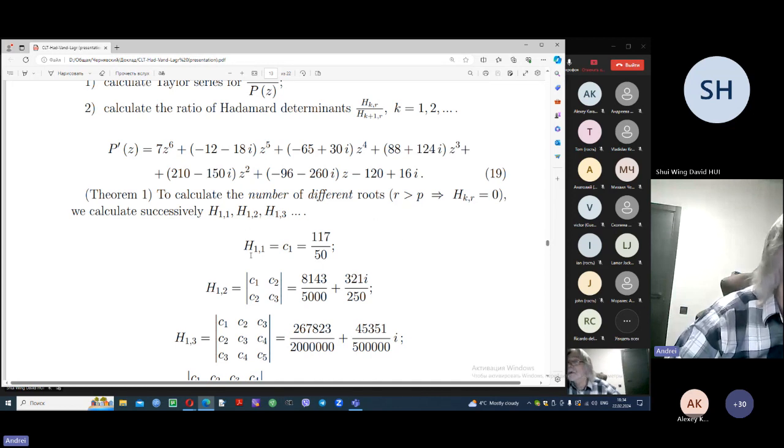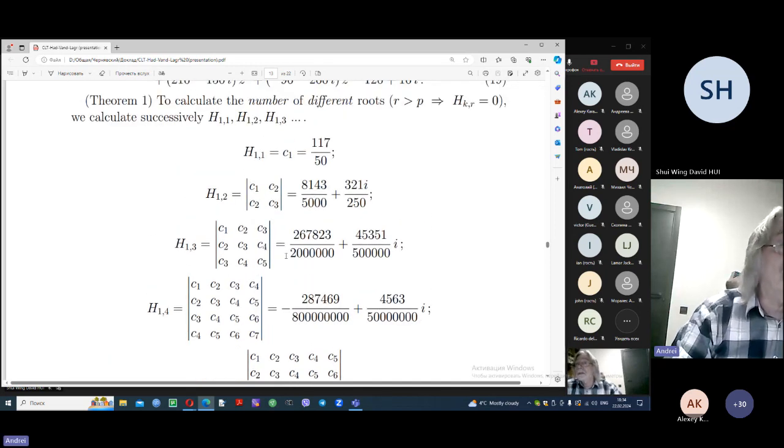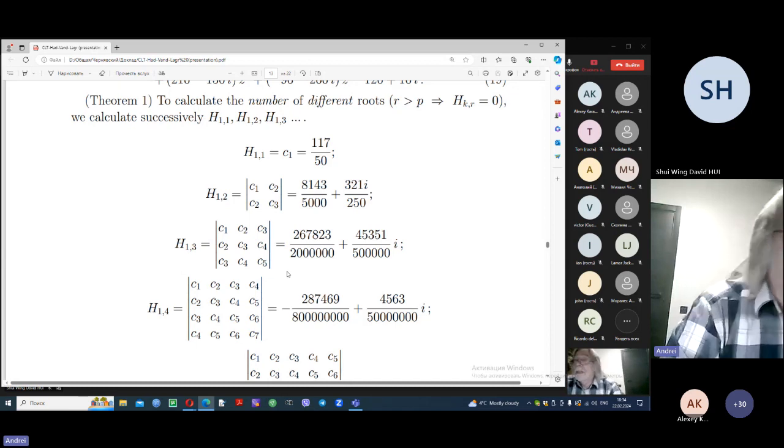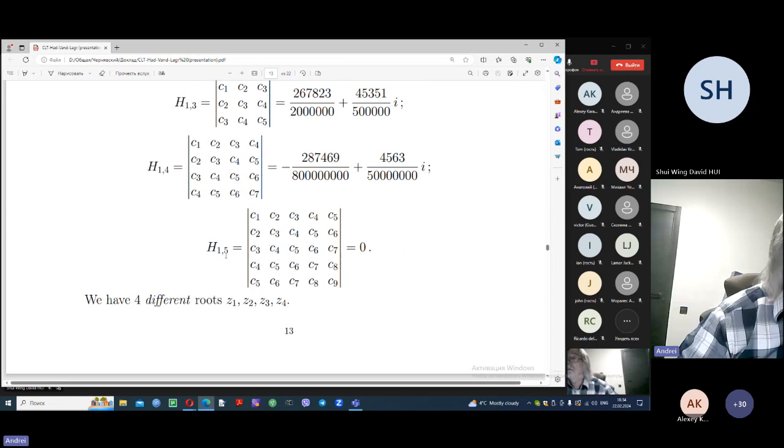So here are the results. Again, nothing by hands; everything is done by Mathematica. So we see the results, and we find out that the fifth one is equal to 0.